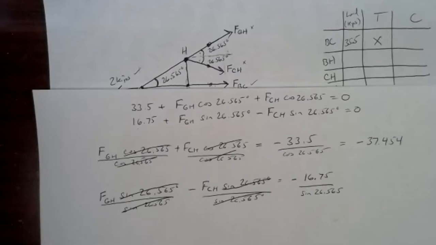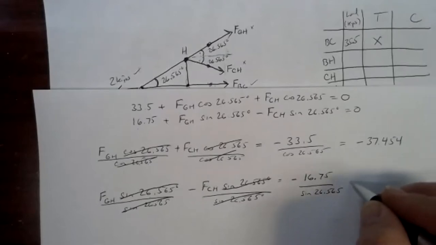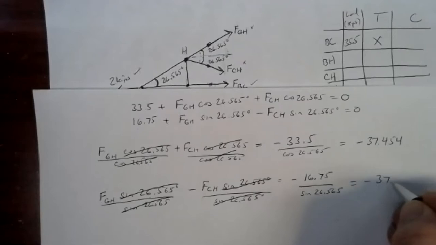So we get 16.75 divided by the sine of 26.565, and we get a negative 37.454. How about that?